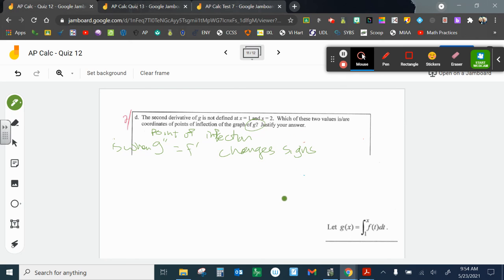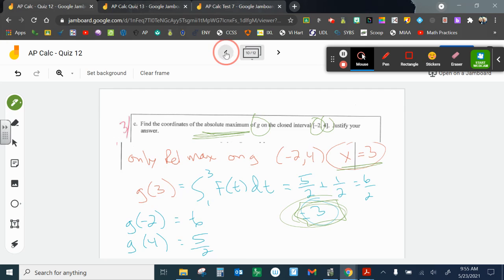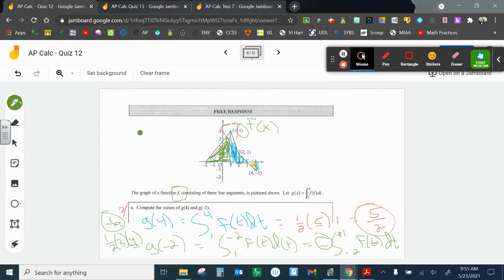I know F prime changes signs when there's a max or a min. And we'll go back and look at the graph in a second. How do I know that? Well, it's when it changes from either increasing to decreasing, or decreasing to increasing.